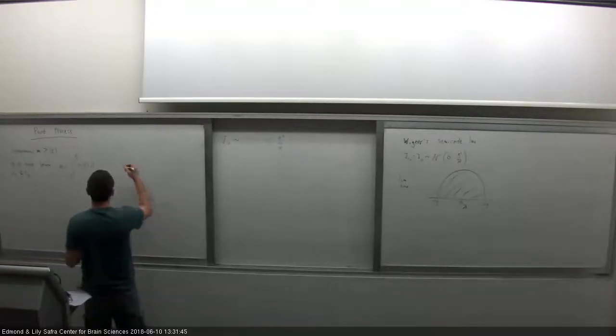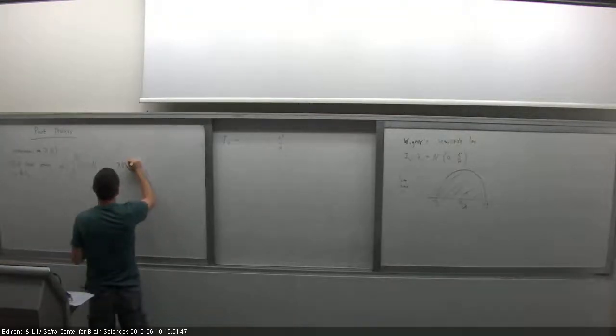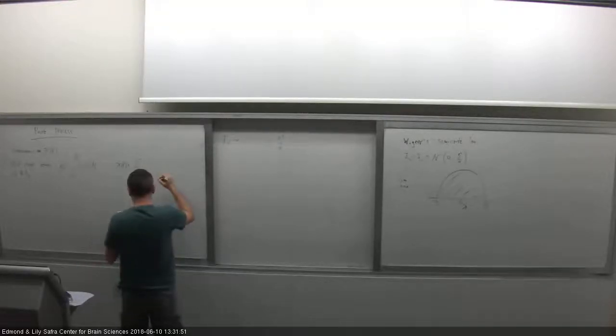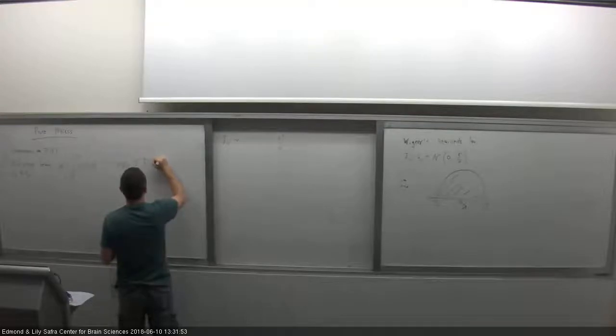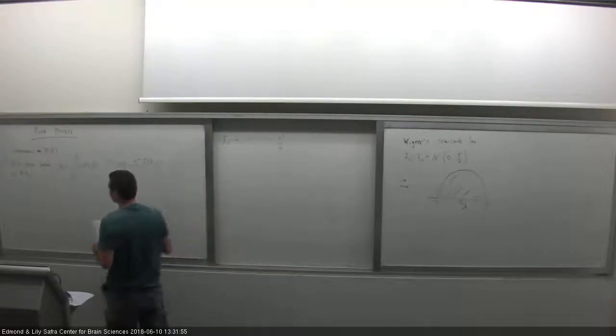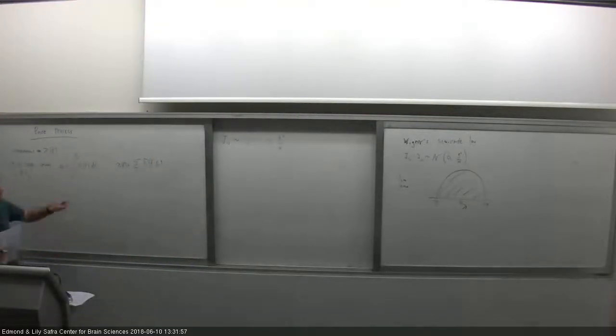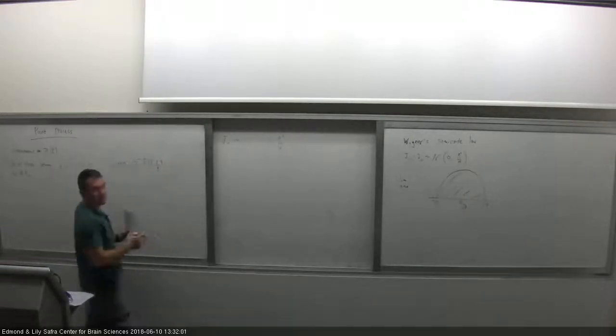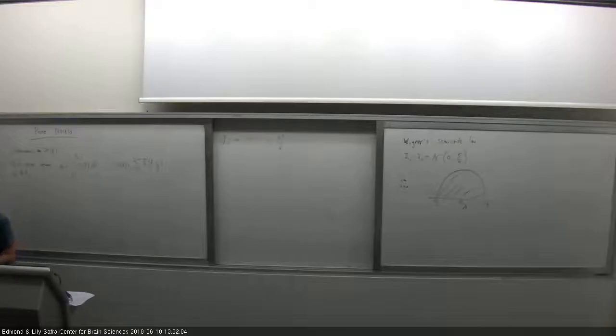So we can think about lambda of t as a sum of delta functions, where the t_i's will be the times of these events that we're interested in. For concreteness, we'll think about action potentials.